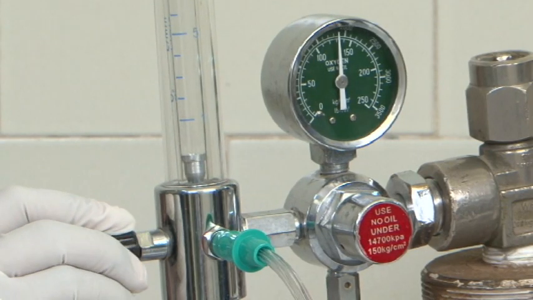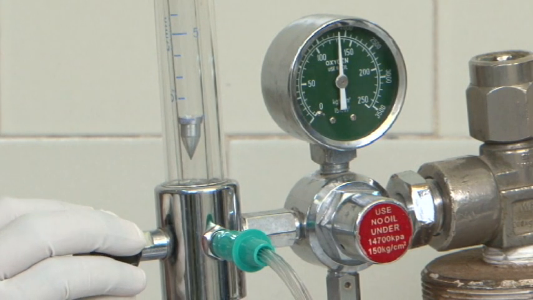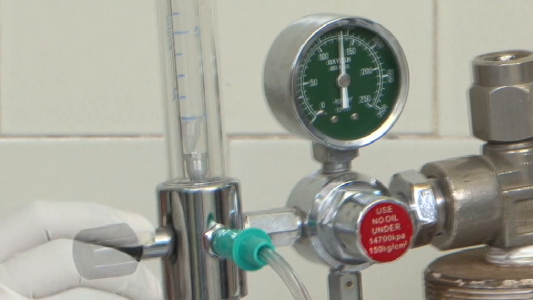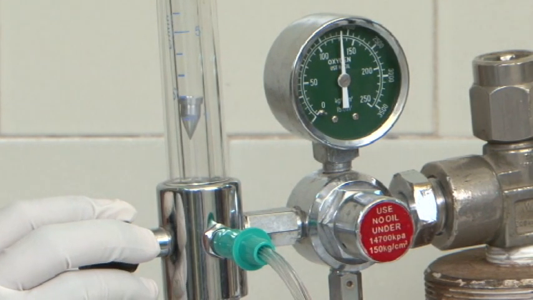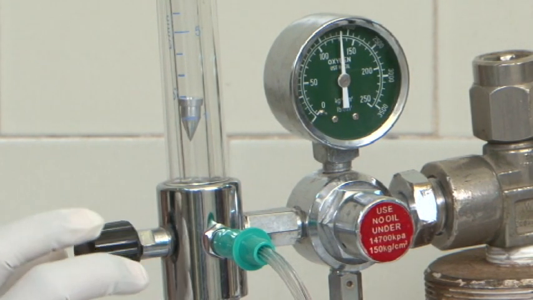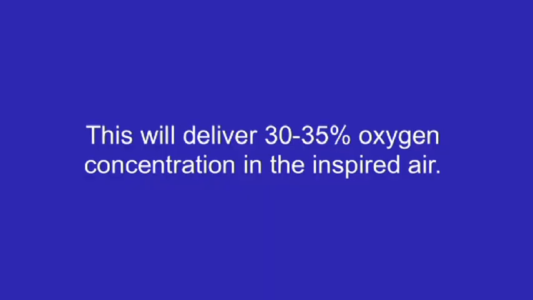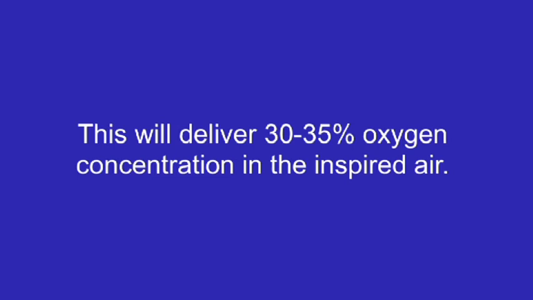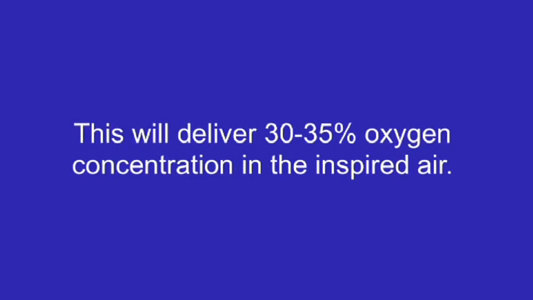The flow rate should be 0.5 to 1 liter per minute in infants and 1 to 2 liters per minute in an older child. This will deliver 30 to 35% oxygen concentration in the inspired air.